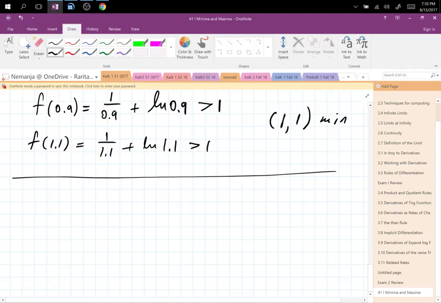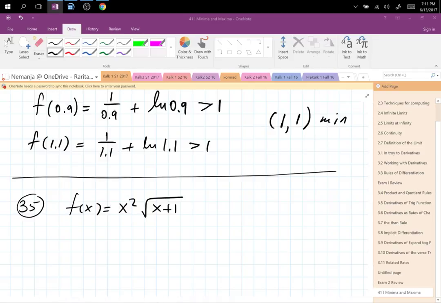One more example. Problem 35 says f of x is equal to x squared times the square root of x plus 1. So what's the domain for this function? We can feed anything into x squared: positive, negative, 0, doesn't matter.